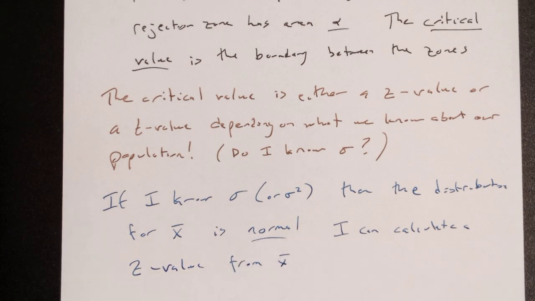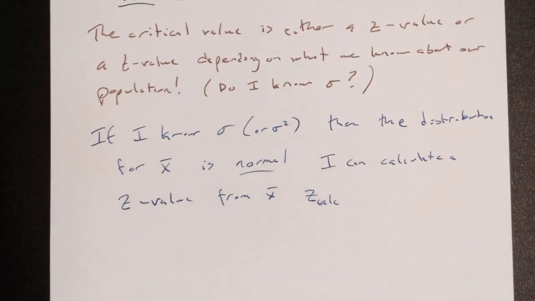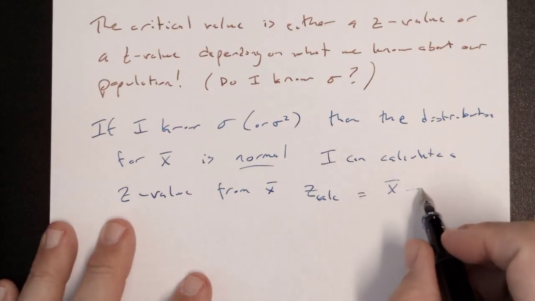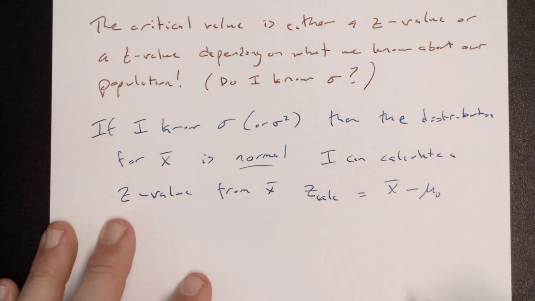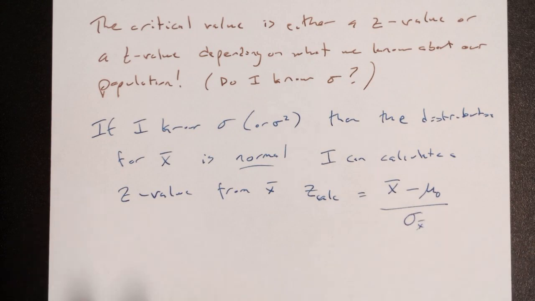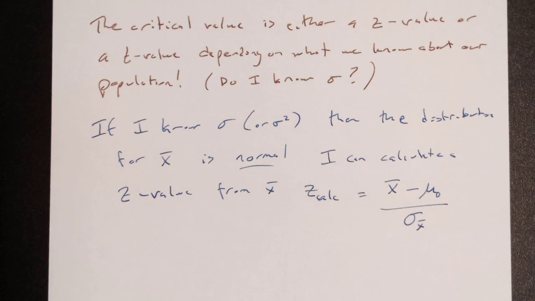The Z value, which I am going to call my calculated Z value, Z sub calc, for exactly that, is the average minus my benchmark divided by the standard error. Notice that's not the same sigma that I said we knew up there. This sigma is the population. This is the standard error. How do I get one from the other? You have a formula for that.